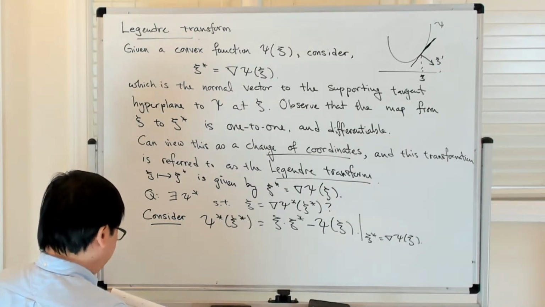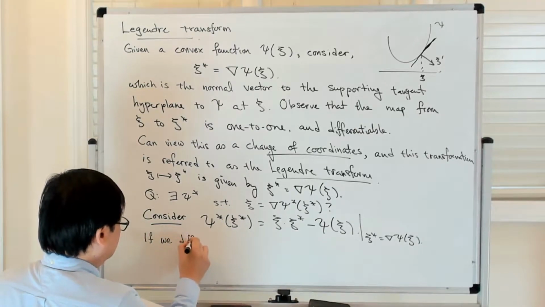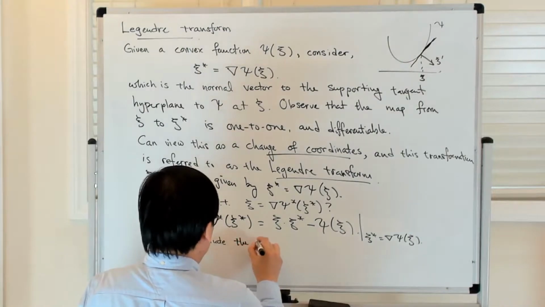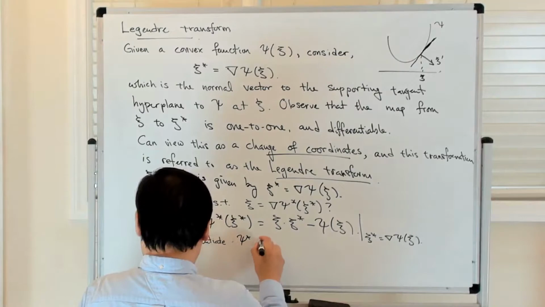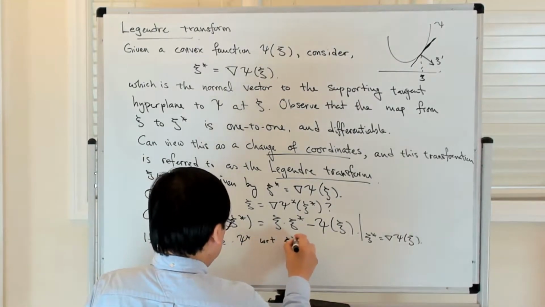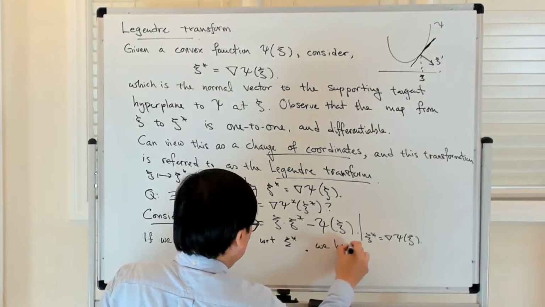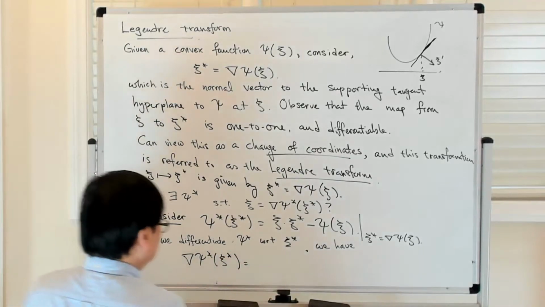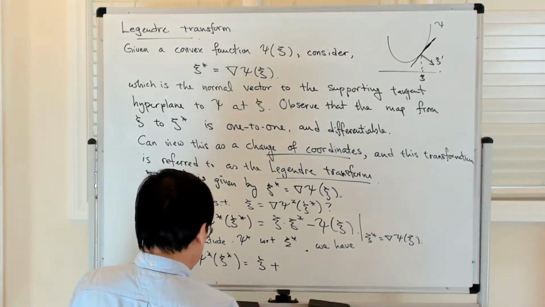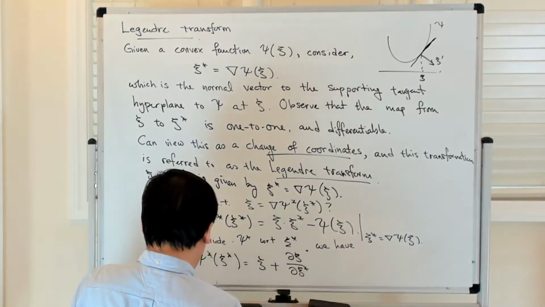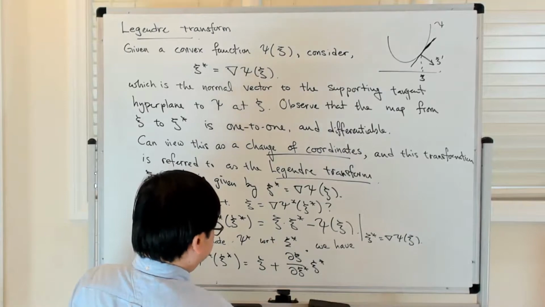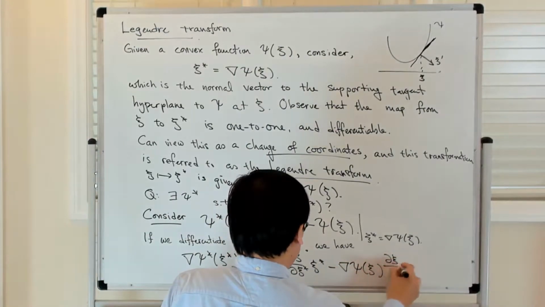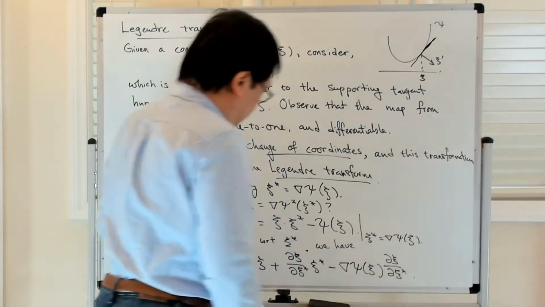Okay, so if we differentiate this equation with respect to C star, we have that the gradient of psi star at C star is equal to C plus dC over dC star minus the gradient dC over dC star.